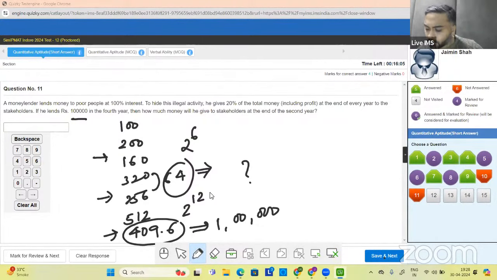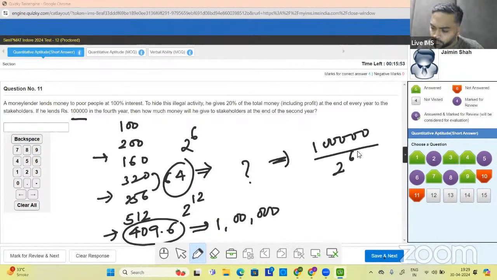Now this value, question mark, will be cross multiplication, correct? So it will be 1 lakh upon 2 raised to 6 हो जाएगा. Like this is 1 and this is 2 raised to 6, तो ये 2 raised to 6 हो गया.